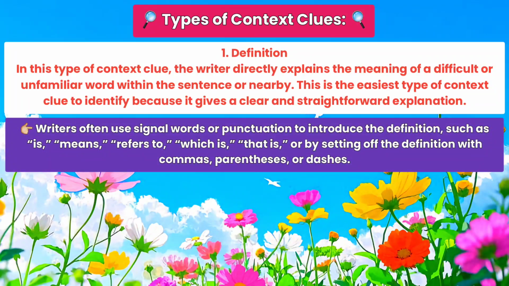Writers often use signal words or punctuation to introduce the definition, such as is, means, refers to, which is, that is, or by setting off the definition with commas, parentheses, or dashes.